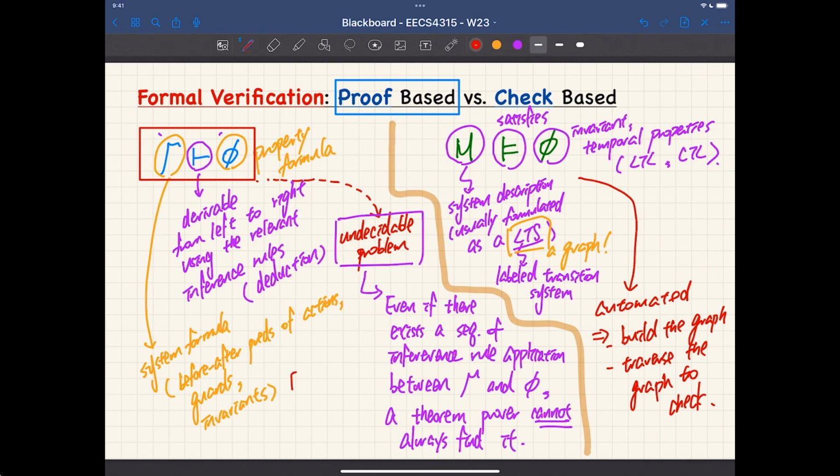If I got 5 or 6 empty slots, 1, 2, 3, 4, 5, 6, and each one of them can be filled out with 1 to 9. How many possibilities does TLA plus need to consider? 9 to the power of 6. And if you do the math, it's about 500,000 to consider. Somehow TLA plus couldn't really handle that. We tried that yesterday. But anyway, that's something for you guys to maybe try later.